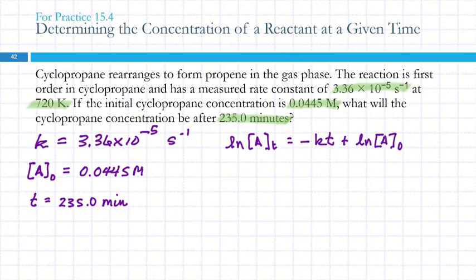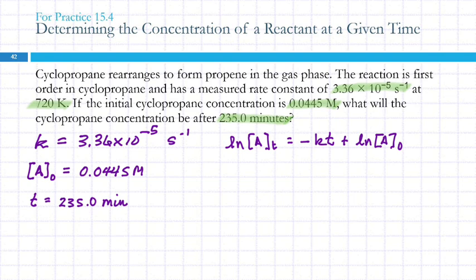Will we have to put those minutes into seconds? Yes, we will. So we always want to write down our units. So here, this is per second, and the time is given in minutes. Those units need to agree. Sometimes you'll find that the rate constant is per minute, and then a time of minutes works out perfectly, but they do have to agree.